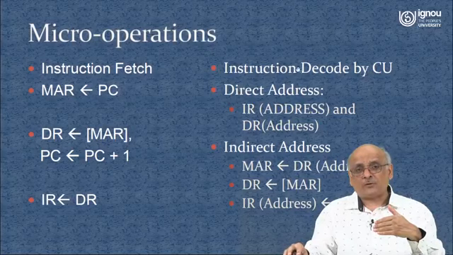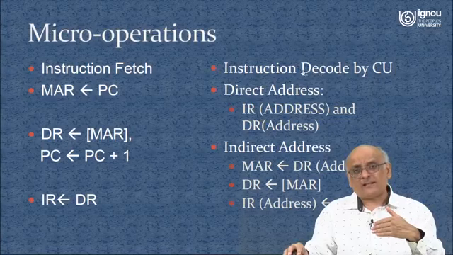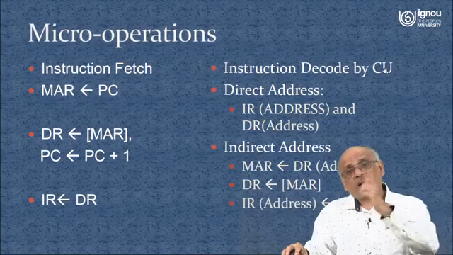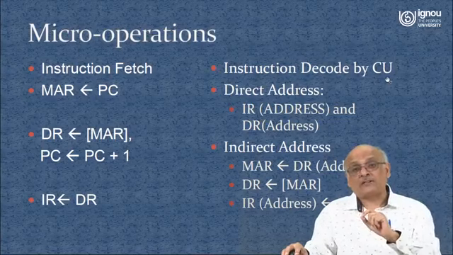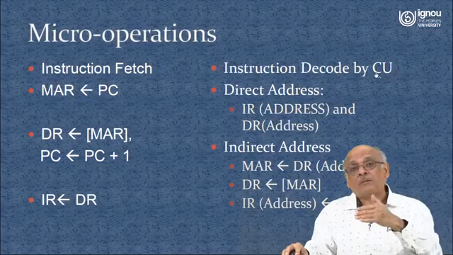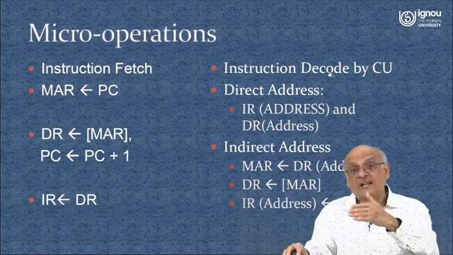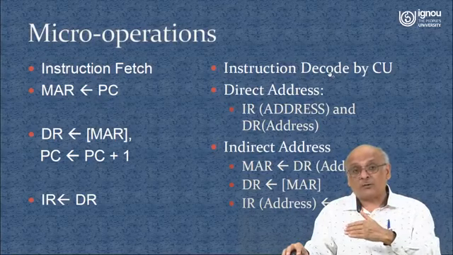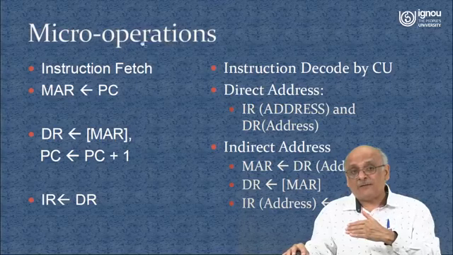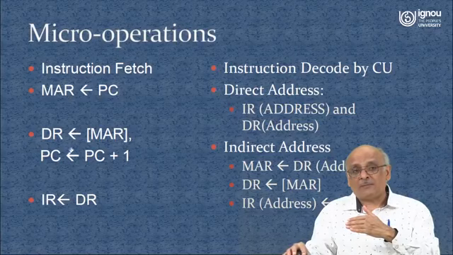The operation code will be checked, and the operation code is used to branch to a control memory location where the microprogram of that particular instruction resides. So every instruction has its own microprogram, and that microprogram consists of a sequence of micro instructions. Each micro instruction deals with one type of micro operation.